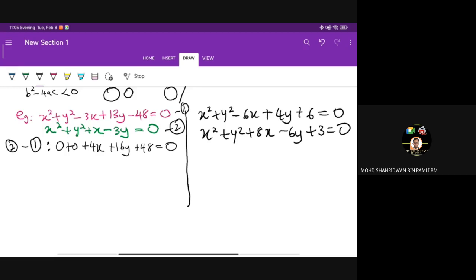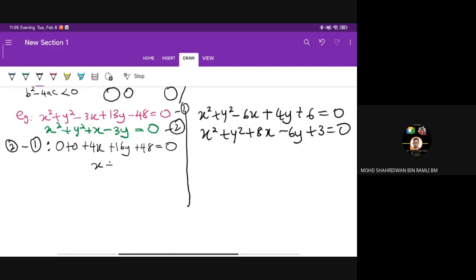When I try to simplify, divided by 4... sorry, is it plus or minus here?